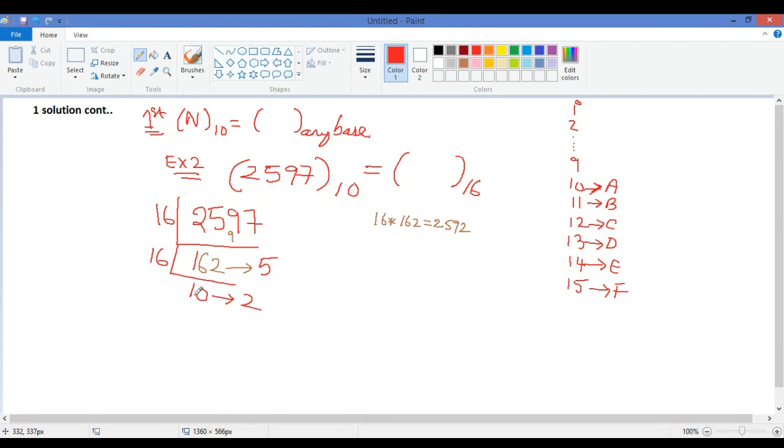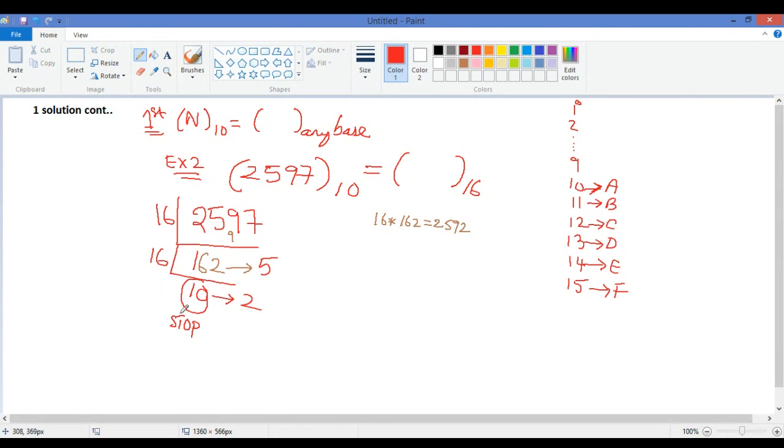Now this 10 is smaller than 16, so we will stop here. Why do we stop? Because 10 is smaller than 16. Before, we didn't stop because 162 is bigger than 16. Until the quotient becomes less than 16, you should go on doing that.